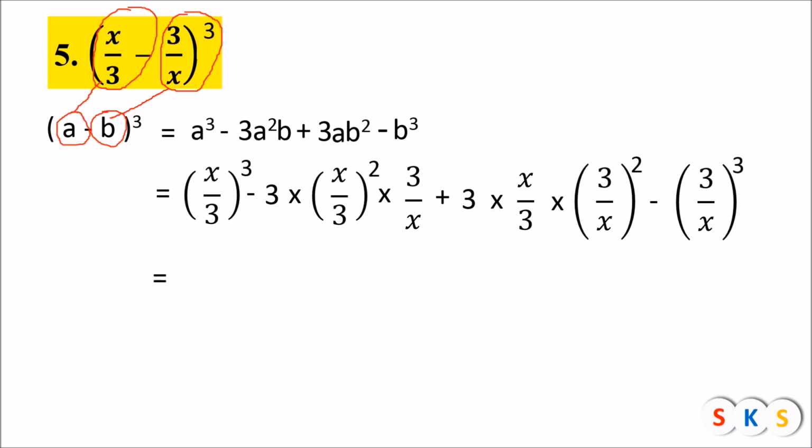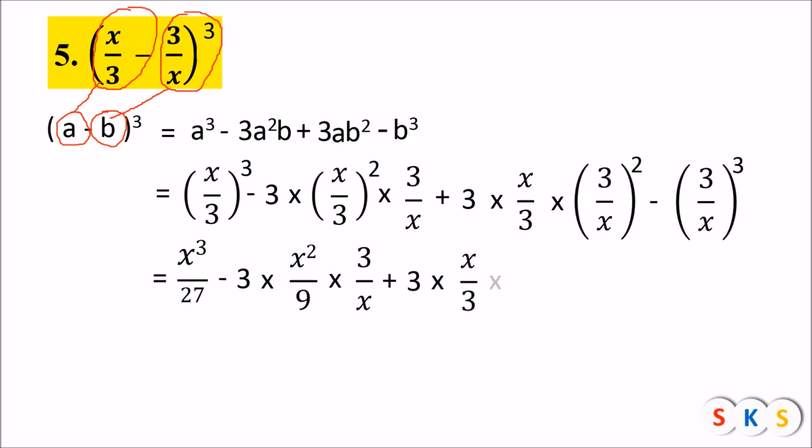So cube of numerator is x cube and cube of denominator is 27. So x cube upon 27 minus 3 into, now we will take square of x upon 3, that would be x square upon 9, into 3 upon x, plus 3 into x upon 3 into, now we will take square of 3 upon x, that would be 9 upon x square, minus cube of 3 upon x, that is 27 upon x cube.